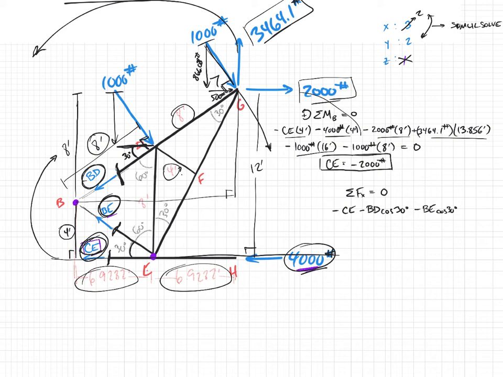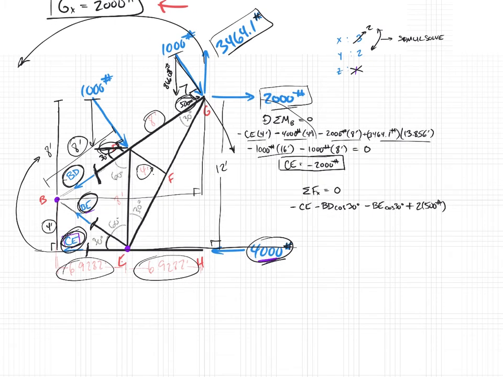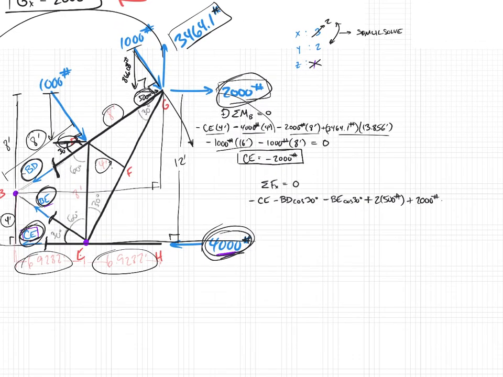I'm going to add these thousands. They've each got a 500 down here, so plus 2 times those 500s. And then I've got this 2,000 right here, plus 2,000. Then I've got a minus 4,000 pounds here. And I think that's going to get us all the way to 0, if we add up all those.